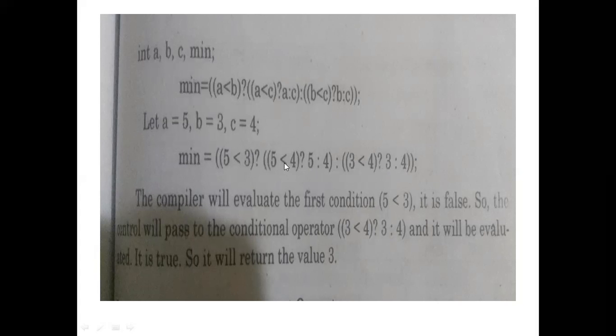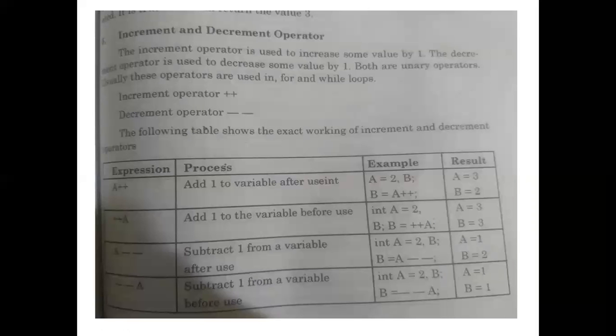And 5 is less than 4, it is false, so this expression returns 4 and the other expression returns 3. And 5 is less than 3, it is false. So 3 will be assigned to the minimum value. The compiler will evaluate the first condition. If it is false, the control will pass to the conditional operator, and it will return the value 3.